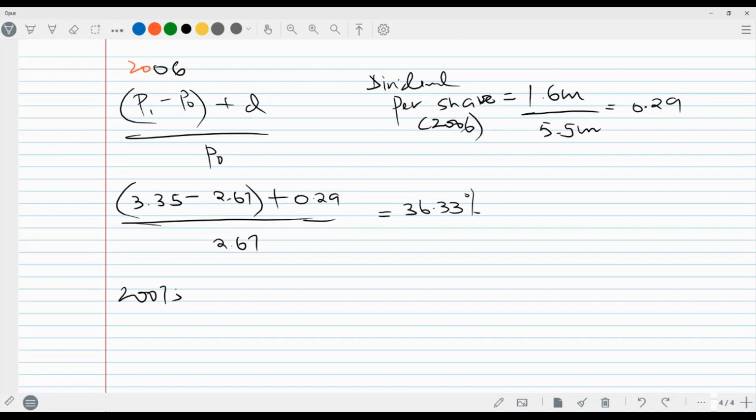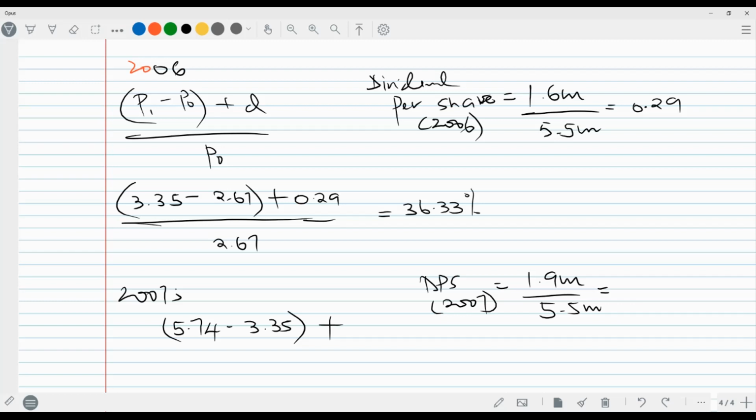Same process, P1 minus P0. The share price in 2007 is 5.74. The share price at the beginning of the year was 3.35. With the same process, the DPS for 2007: the dividend was 1.9 divided by 5.5, since the shares don't change. That gives a DPS of 0.35.